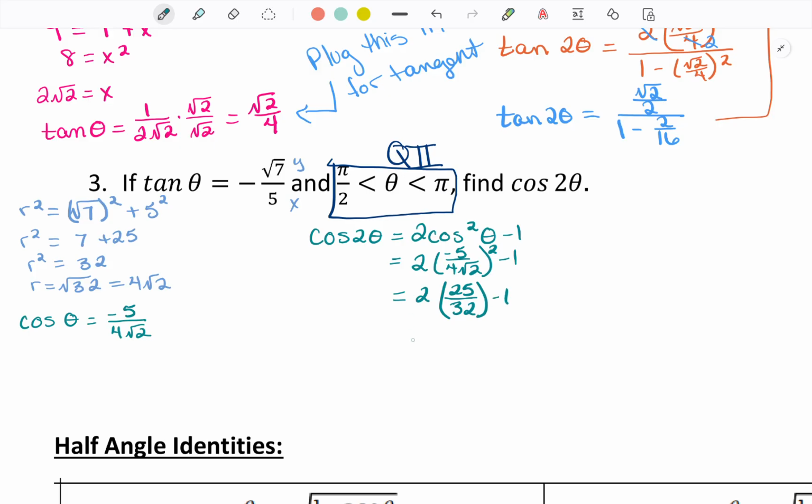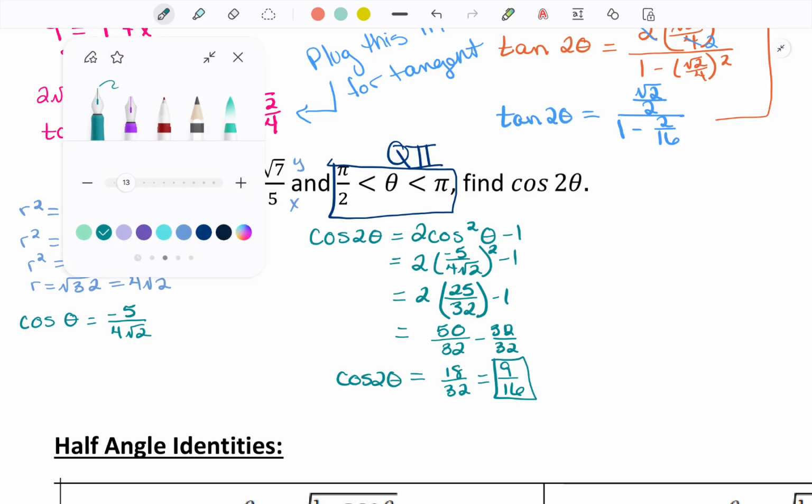And so now we have 50 over 32 when we multiply, minus 1. We're just going to go ahead and change that 1 to 32 over 32. And so that gives us 18 over 32, which is 9 over 16. So this is our cosine 2 theta.